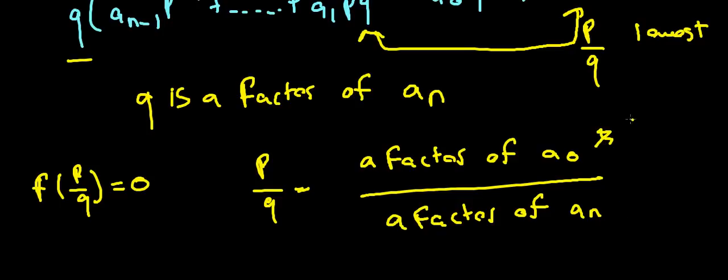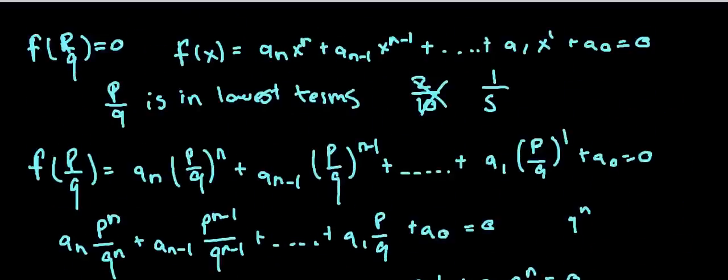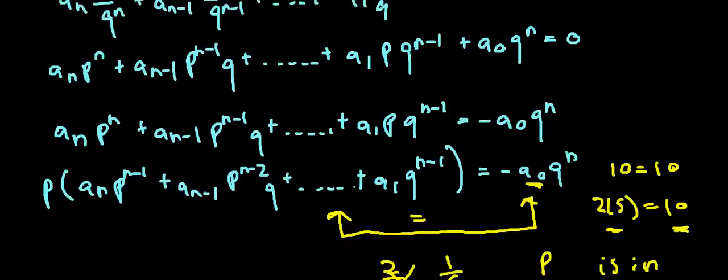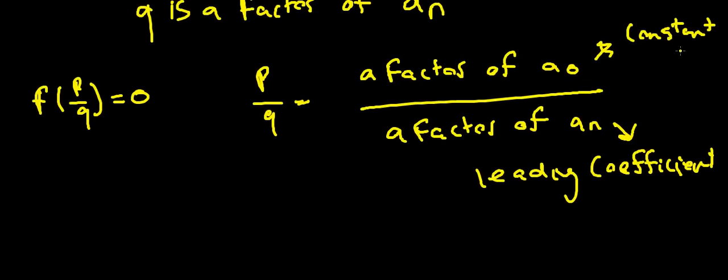And a0 is the constant, and a_n is the leading coefficient. The leading coefficient. So we go back up here. a_n is this term, and a0 is over here. And that's how the rational zero theorem works.